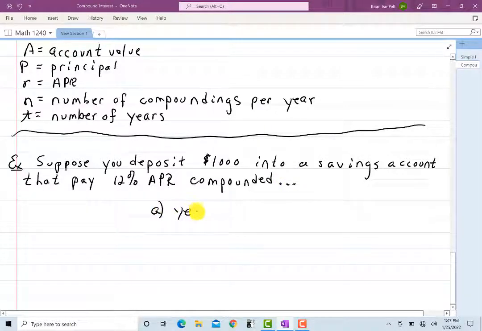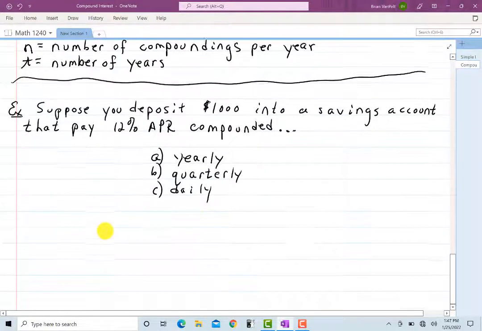So we'll do compounded yearly. I did monthly. Compounded quarterly. And compounded daily. How much will we have after a year?